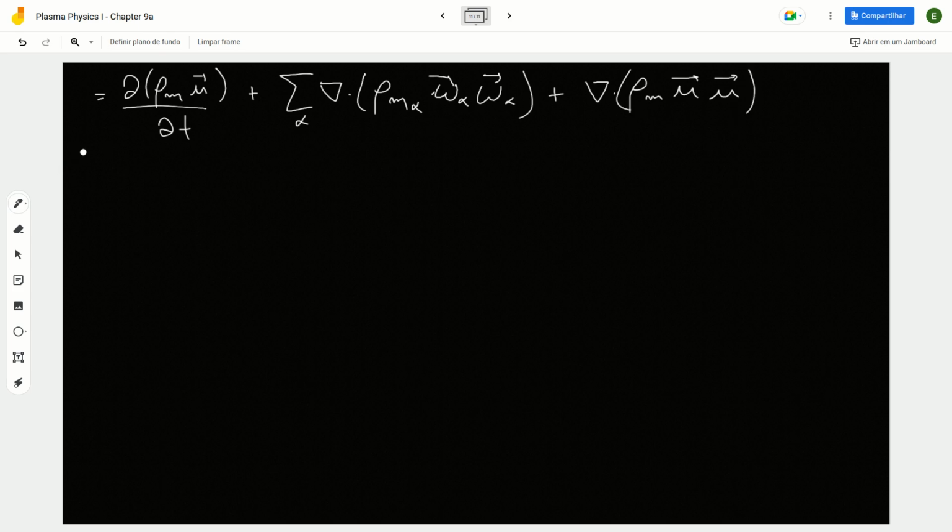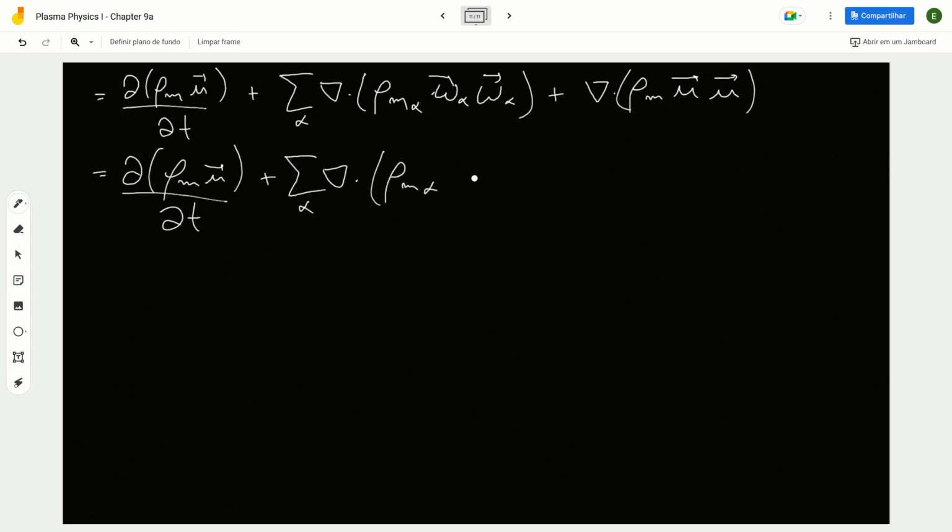So this can be rewritten like this. I'm being very cumbersome in this derivation because in the book you don't have all the steps, and I think it's useful for you to see all the steps. If you don't want it, you just skip this part of the video, but it's important for you to know where things came from. So apply the product here.